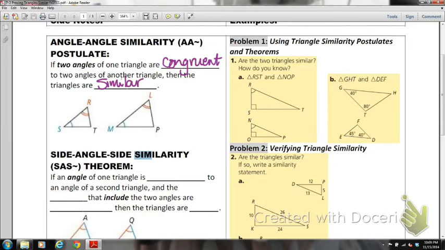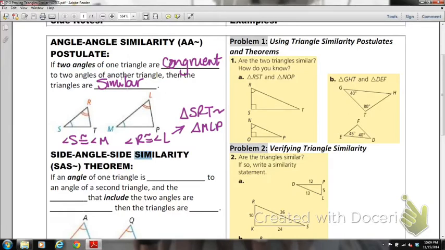So in this particular example, we have angle S is congruent to angle M, and then we have angle R is congruent to angle L in the second triangle. So that means that triangle SRT is similar to triangle MLP.